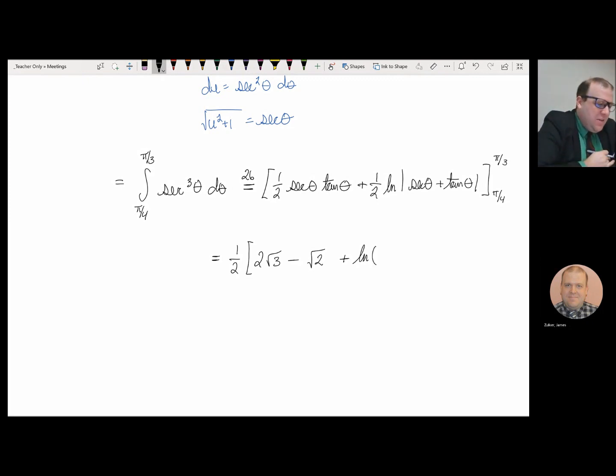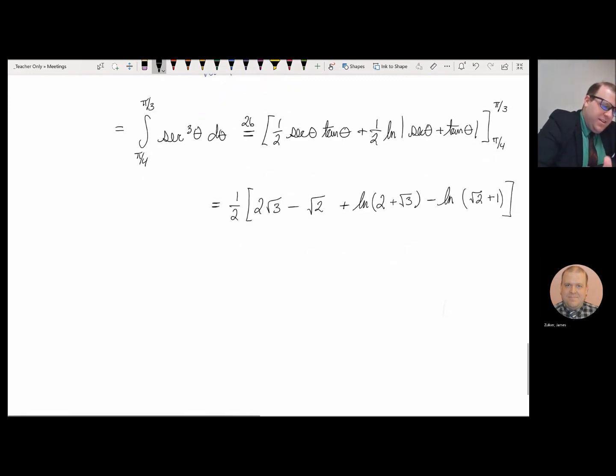Really went through this. Secant of pi over 3 is 2. Tangent of pi over 3 is root 3. Then minus the log. Secant of pi over 4 is root 2. Tangent of pi over 4 is 1.